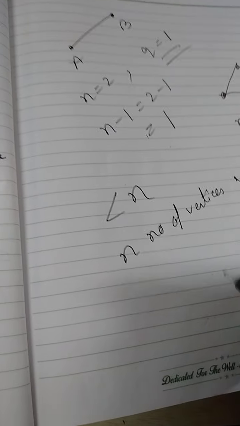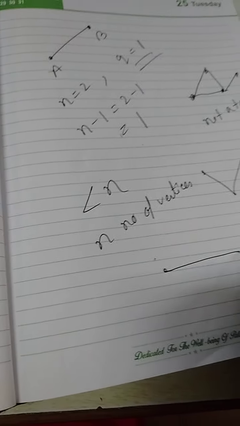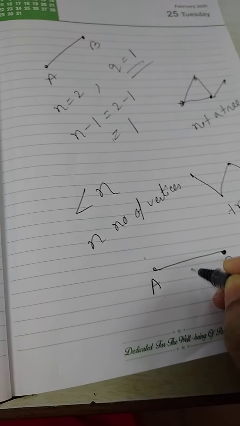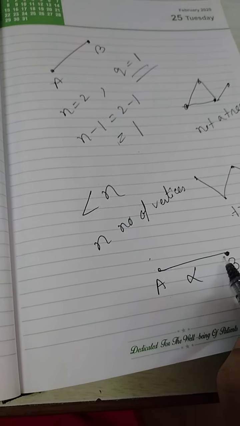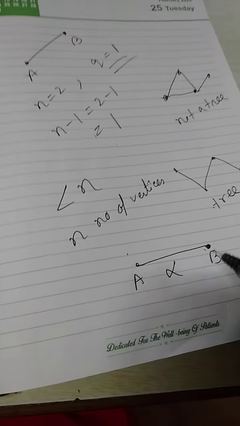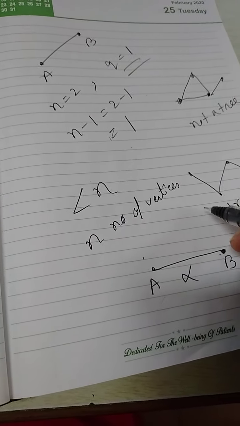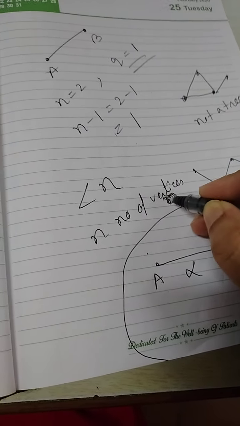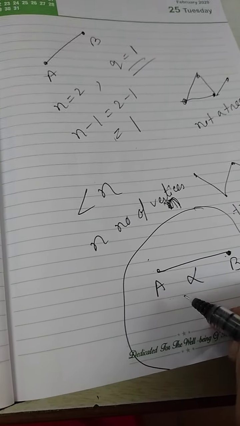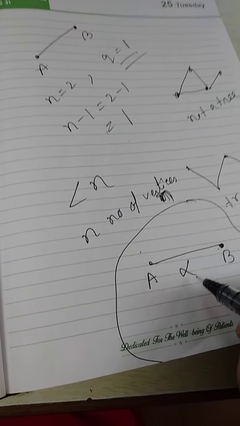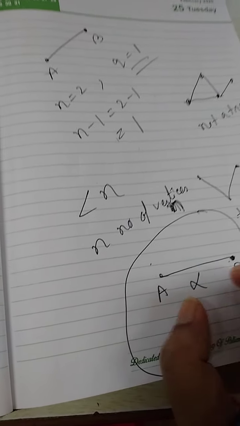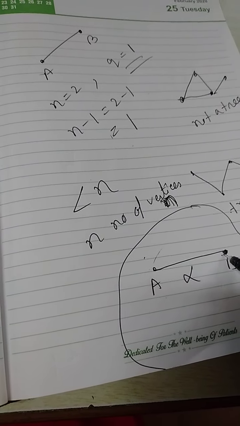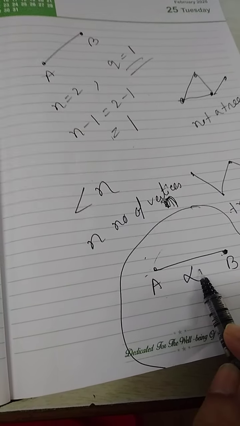Now in a tree, suppose alpha is a path from A to B, and this graph contains n vertices. This is the only path, because for a tree if there exists another path it will be a cycle, a closed structure. So only one path exists.